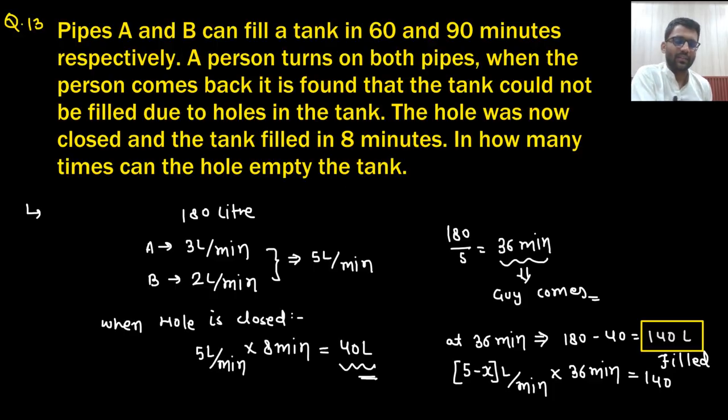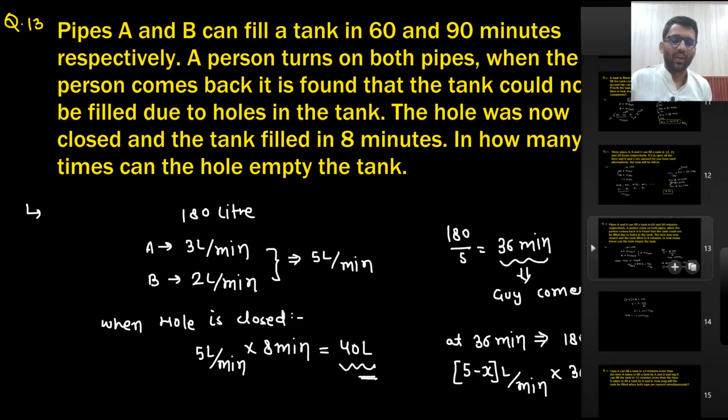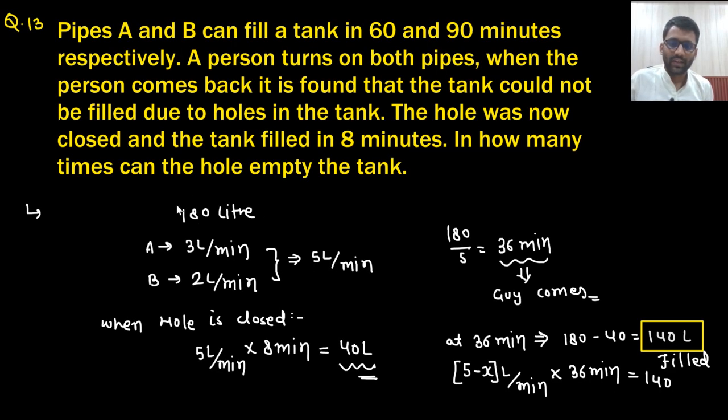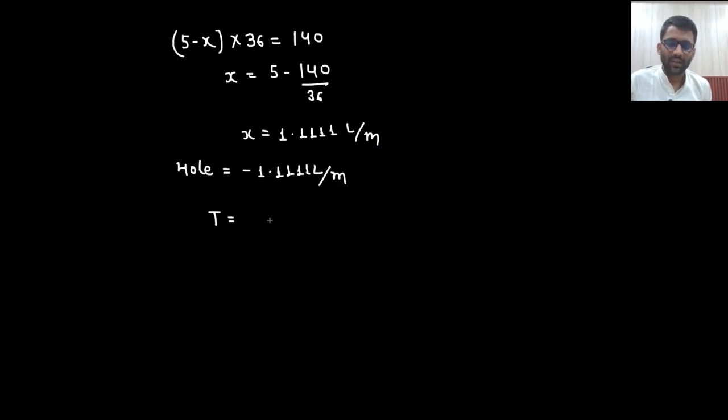Now what are they asking? In how much time can the hole empty the tank? That would be equal to 180 liter, the complete tank, divided by 1.11111. So in the calculator if you do that, you will get an integer answer. That would be 180 by 1.11111. So it would be 162. 162 we are getting.